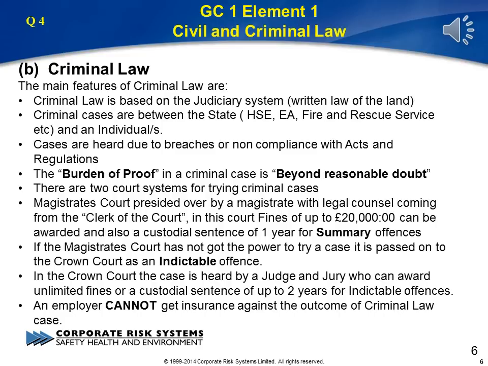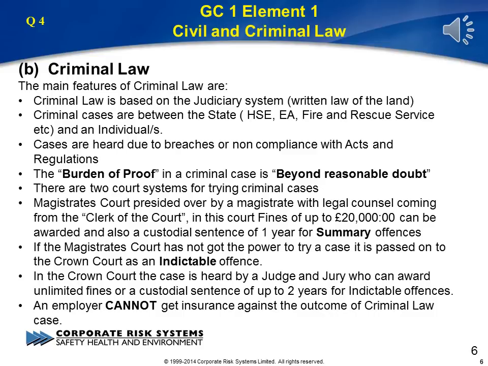There are two court systems for trying criminal cases. Magistrates' courts are presided over by a magistrate who is supported by legal counsel, which comes from the clerk of the court. In this court, fines of up to £20,000 can be awarded, and also custodial sentences of 1 year.